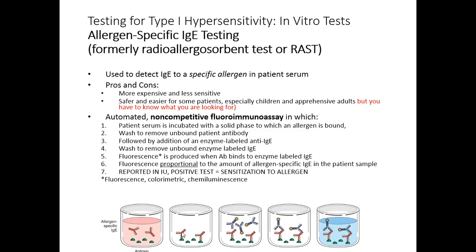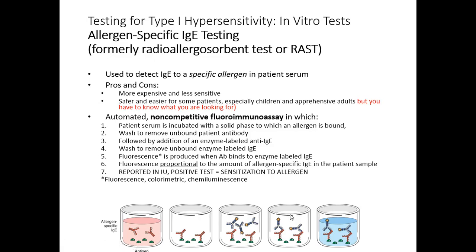After we add the next, so we've added a tagged antibody to the patient IgE. So it's an anti-IgE. After they've bound, we wash again. You incubate, they bind up together, and you end up with a complex of what?